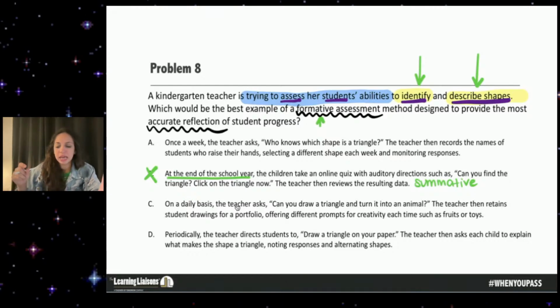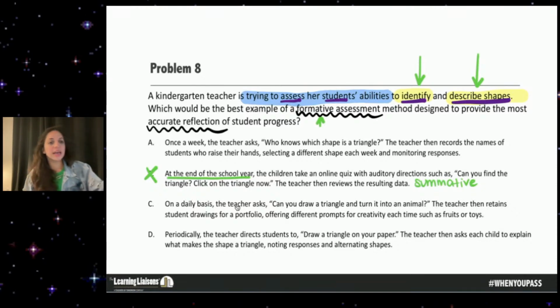Are students identifying and describing in A? Are students identifying shapes and describing shapes in letter A? No, they're not. In fact, they're not really even identifying.